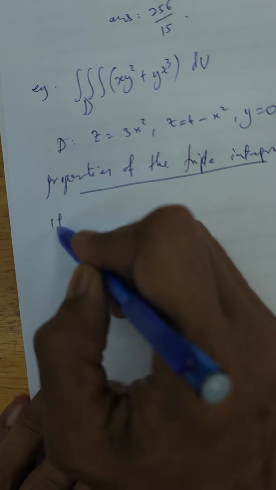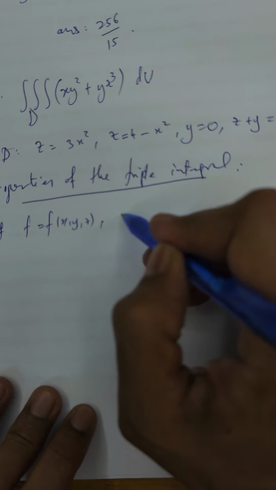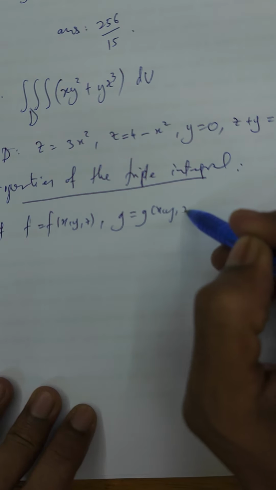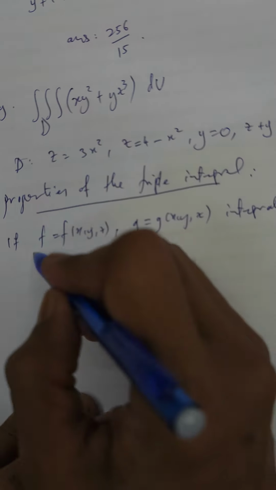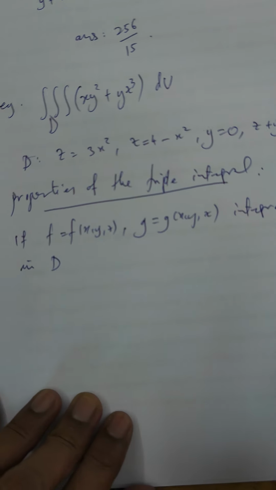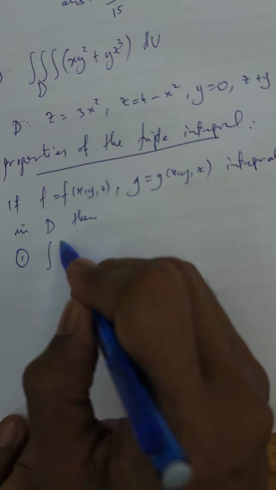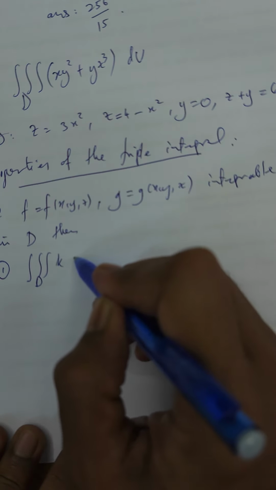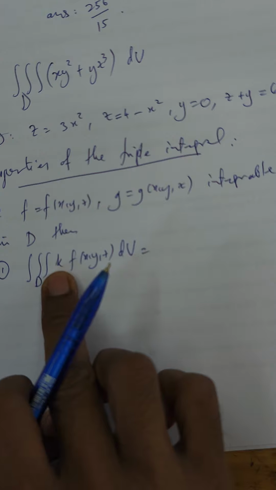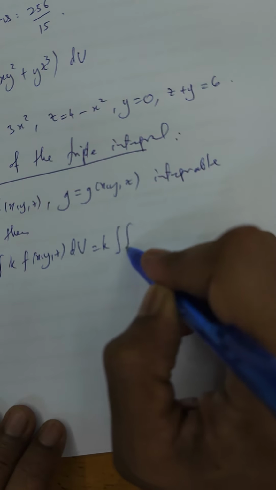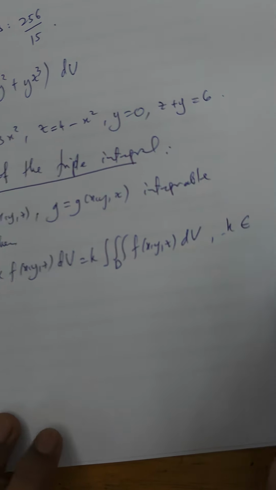Number 1: if f of x, y, z and g of x, y, z are both integrable in some region D, then the triple integral over D of k f x y z dV, for any constant k, you can factor out the k, and we have k times the integral over D of f x y z dV.